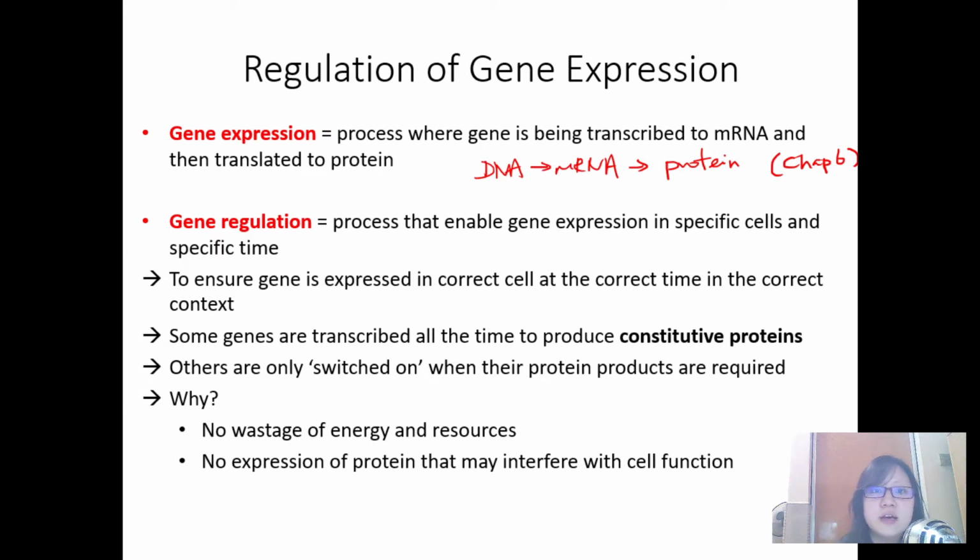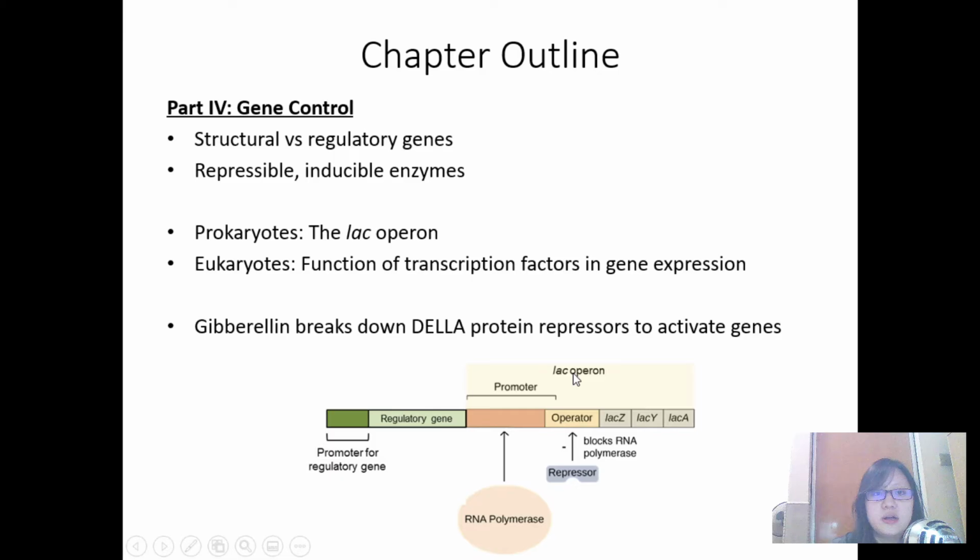Now, in this chapter 16 part 4, we are going to be learning structural versus regulatory genes and what the difference is. We're going to learn about repressible and inducible enzymes. Gene control is different in prokaryotes and eukaryotes, so we're going to mainly talk about prokaryotes here, because honestly, it is a much simpler model.